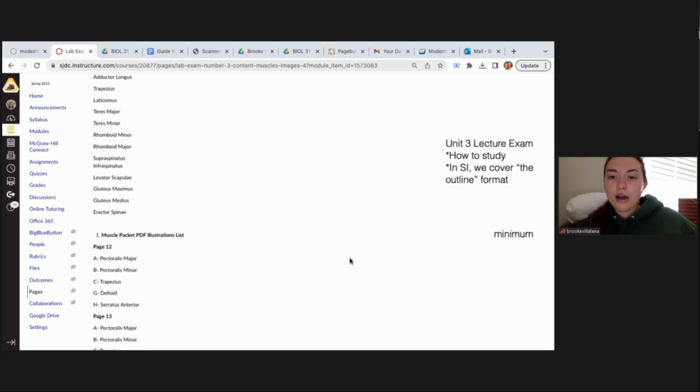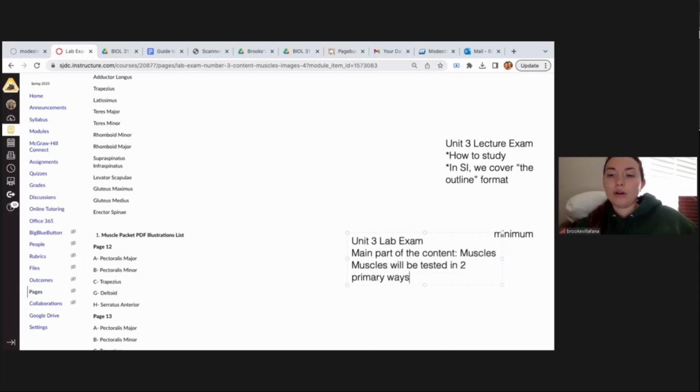So let's now transition, and we're talking about the Unit 3 lab exam. We know that the main part of the content is going to be on muscles. You're going to see the muscles tested in two primary ways.